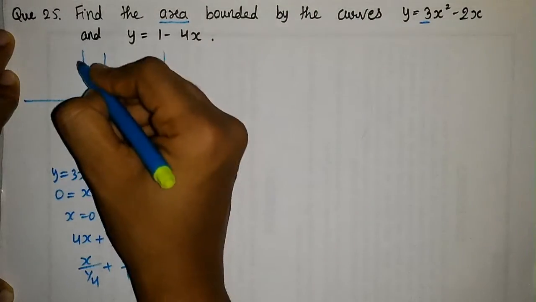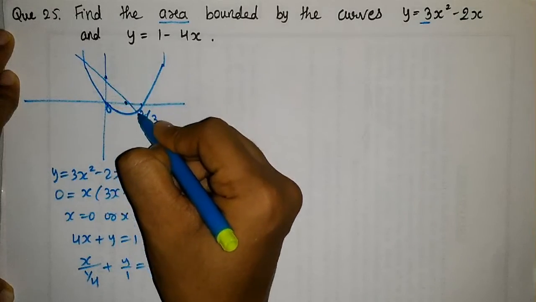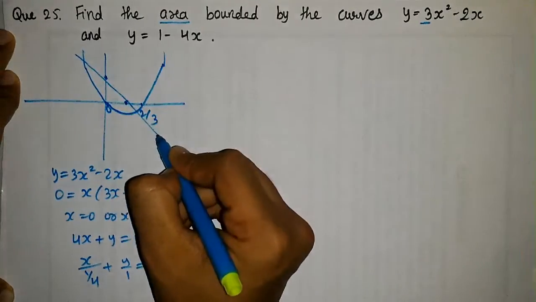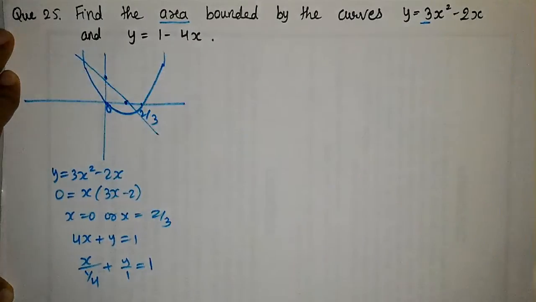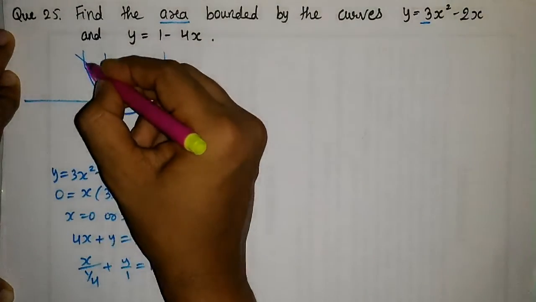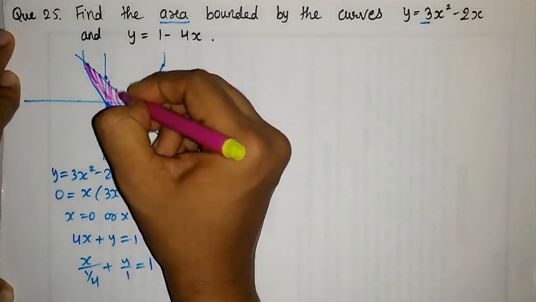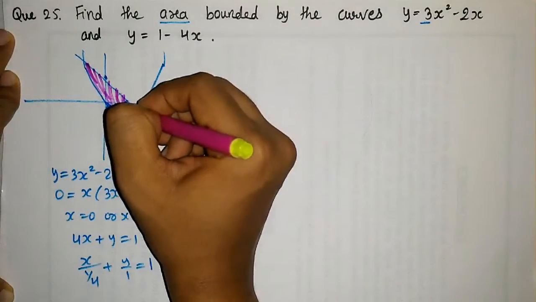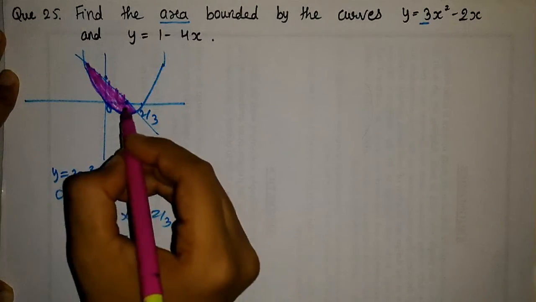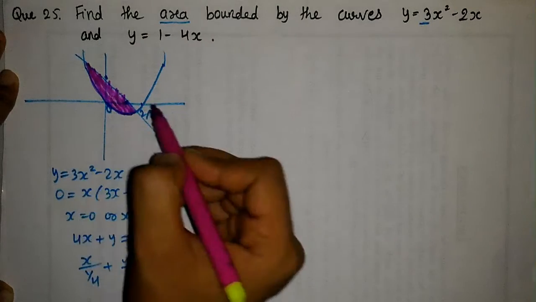So when we draw the line, we can see this is the bounded area. So we have to find this area.